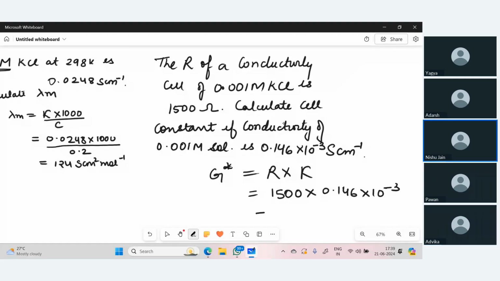Yes, so the answer comes out to be 0.219. What should be the unit? Per centimeter. So that was a simple question. Now we will come to the next topic.